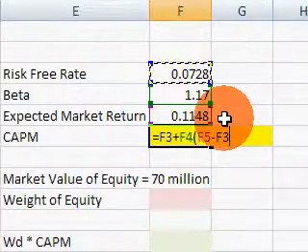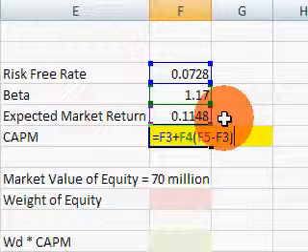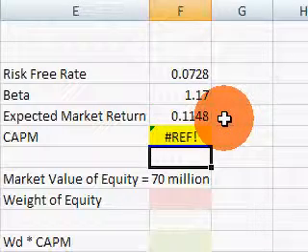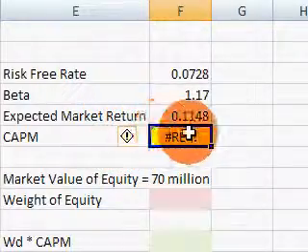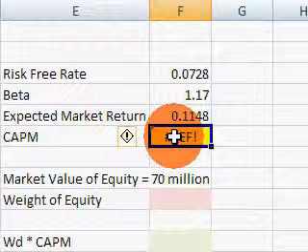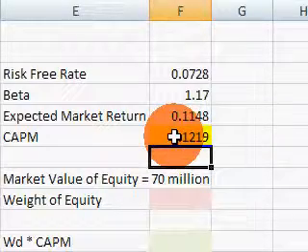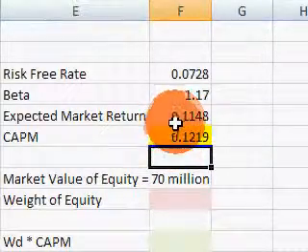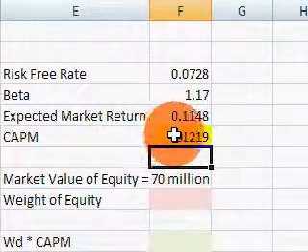I have it in a formula now, and I close out the parentheses. If we hit enter, it gives a little bit of an error, so I'd have to go back and look at my formula. But what we would end up with is 0.1219. I'm just going to type it in for now, and you can work through the formula later. This is the required return from the investment perspective of the equity.